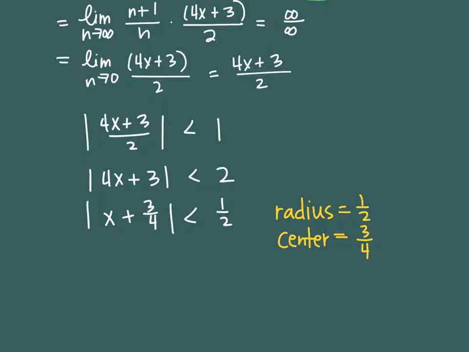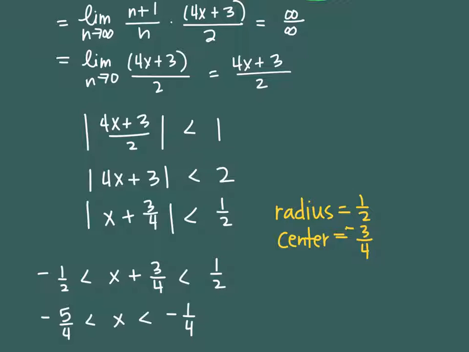And so then we'll take off our absolute values to find the interval of convergence, and we'll subtract 3/4 from everything. So I'll get negative 5/4 is less than x is less than negative 1/4, which is my interval of convergence.